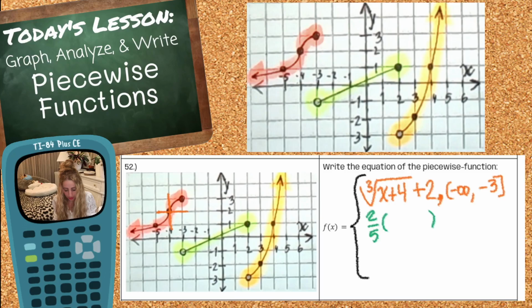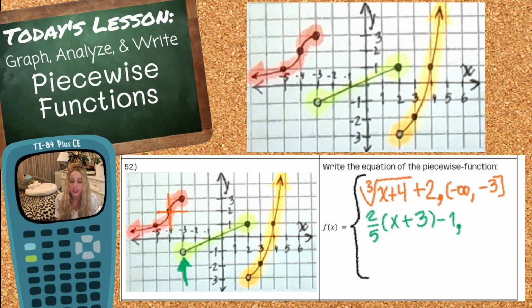Now I'm going to do parentheses, to the first power because it's linear, and I could pick either point, the one in quadrant 3 or the one in quadrant 1. Let's say I use the one in quadrant 3. That means I have x plus 3, and on the side, minus 1, comma.